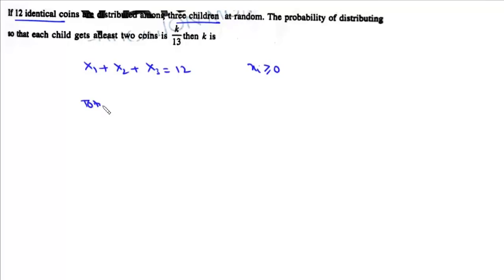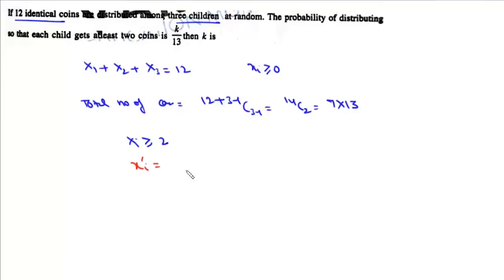So total number of cases, it will be n plus r minus 1 c r minus 1, and that will be 14c2, and 14c2 is 7 into 13. Now we need to find favorable number of cases. Now we have this favorable number of case when each child gets at least 2 coins. Now if each child gets at least 2 coins, what we'll do is we'll replace this xi with xi dash and we'll write xi dash as xi plus 2.